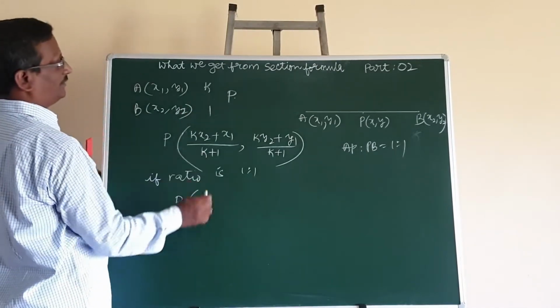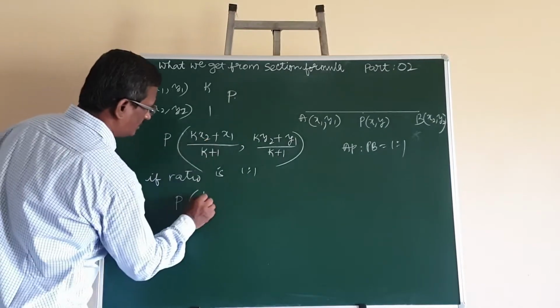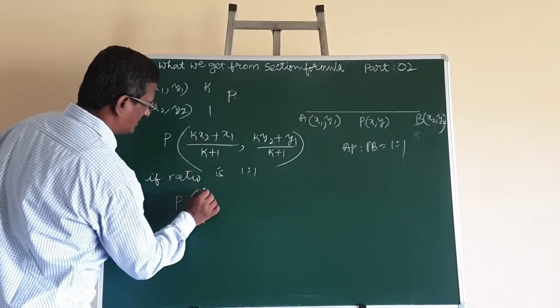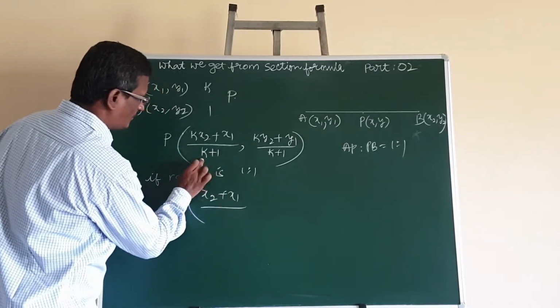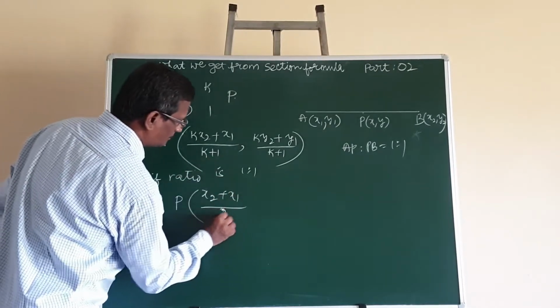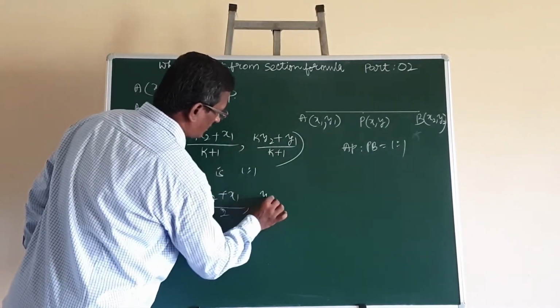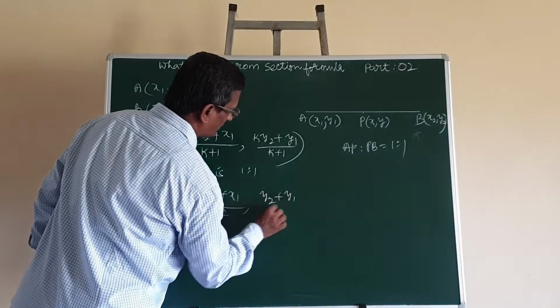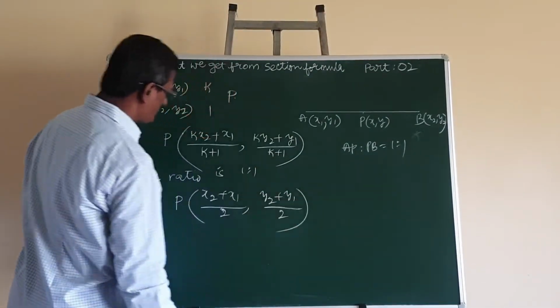On substituting the value of k is equal to 1 in the formula, this is x2 plus x1 by k plus 1, that is 1 plus 1, which is 2. Similarly, y2 plus y1 by k plus 1, that is 2.